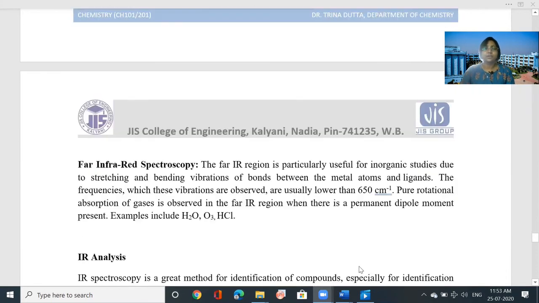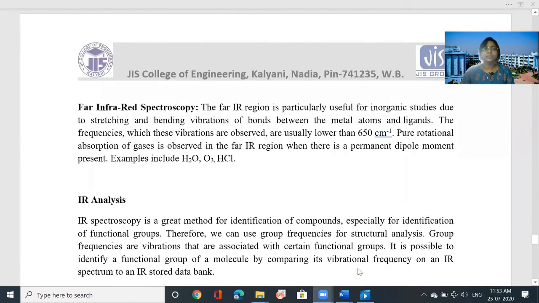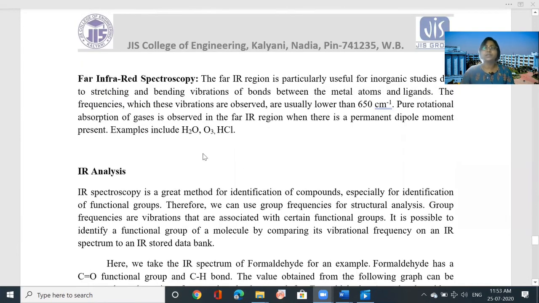Next is the far infrared spectroscopy. The far infrared region is particularly useful for inorganic studies due to stretching and bending vibrations of the bonds between the metal atoms and ligands.